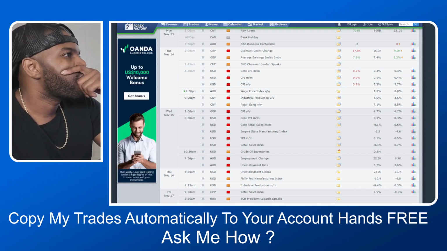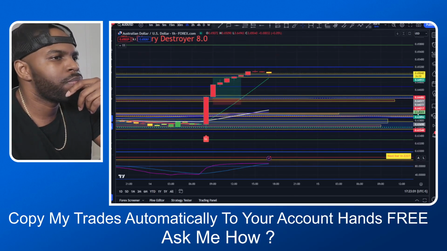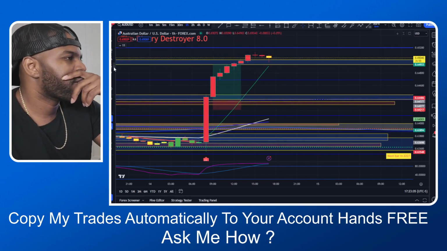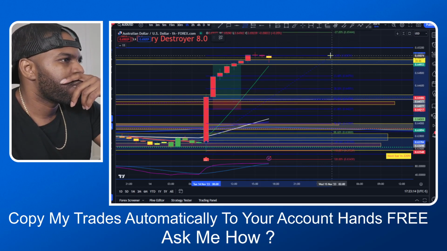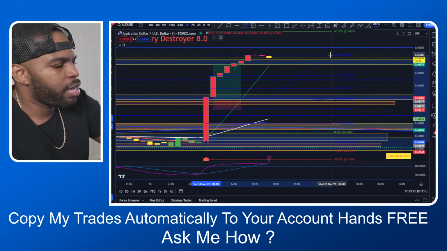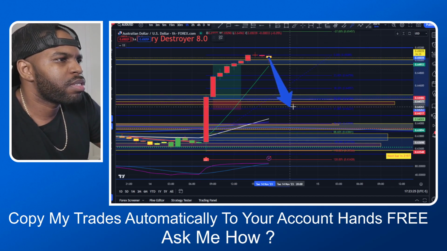Okay. Let's go back to the chart. So for this one, I think it has to pull back. If we're looking at the 1 hour here, what I would look for is price to come back all the way down here into the zone for a pullback.